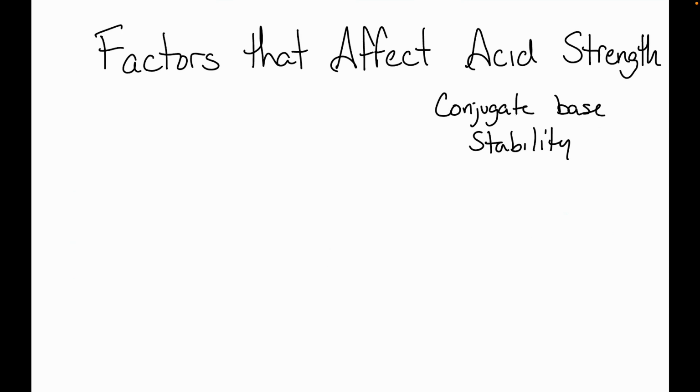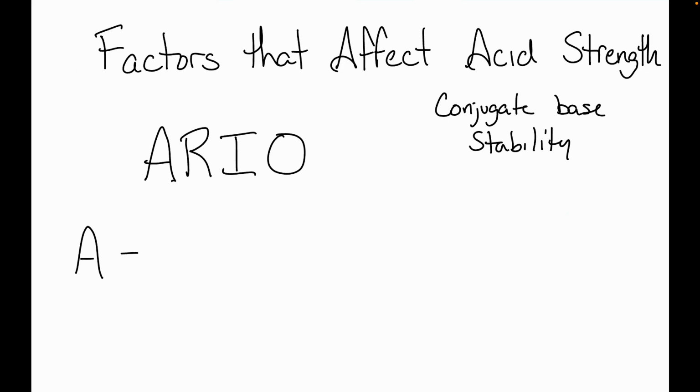Okay, so there's this acronym that we're going to learn, ARIO. A-R-I-O. And each one of these letters stands for an important factor that affects conjugate base stability. Okay, so A stands for atom.